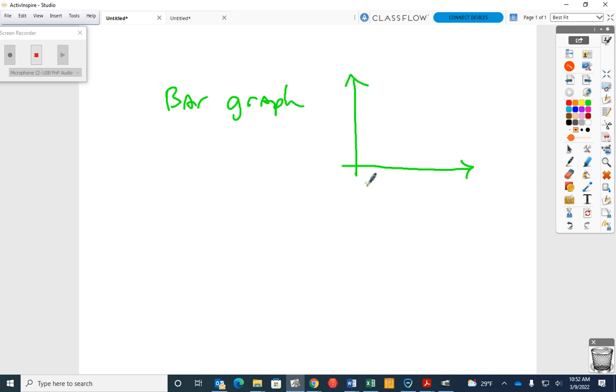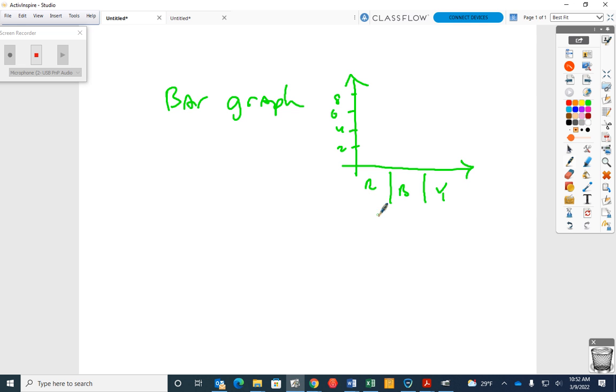If you look at the definition of a bar graph, it shows the number of items in specific categories. So let's say games 1, and over here you have 2, 4, 6, 8, and then a red team, a blue team, a yellow team. It doesn't really matter what the example is, but these are specifics.